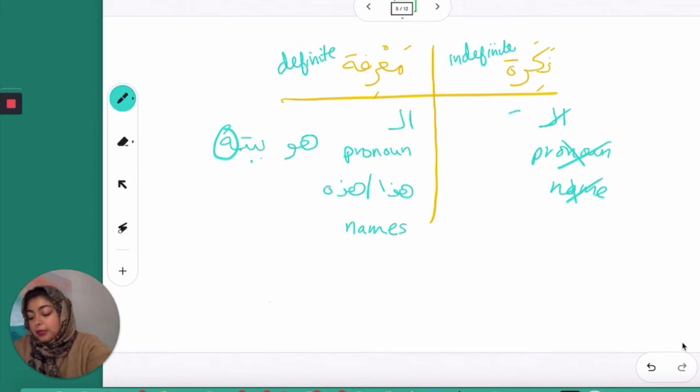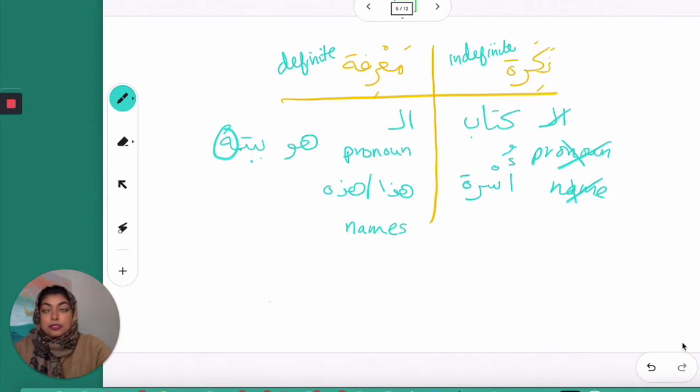So example, if I say kitab, لا نعرف, we don't know which book, it's just a book, right? If I say usra, it's family. It's not the family, it's not his family, it's not my family, it's just a family, right? If I say jami'a by itself, a university, I don't know whose it is. So those kinds of words are considered nakira, whereas these kinds of words are considered ma'rifah.